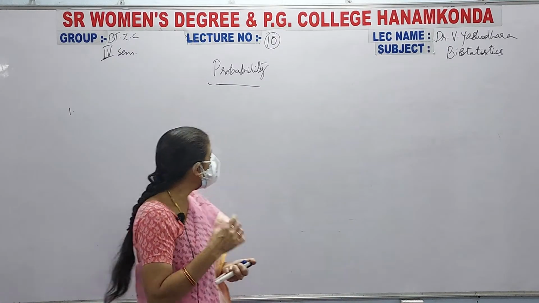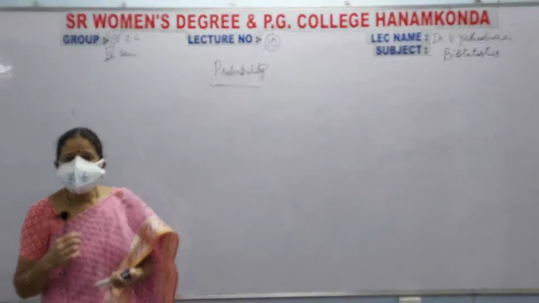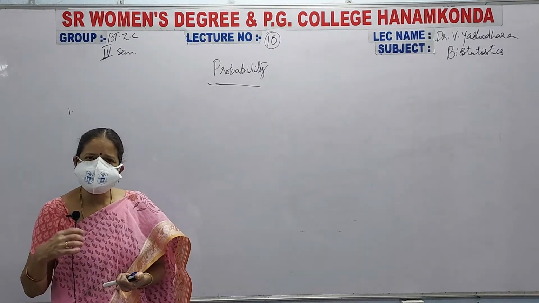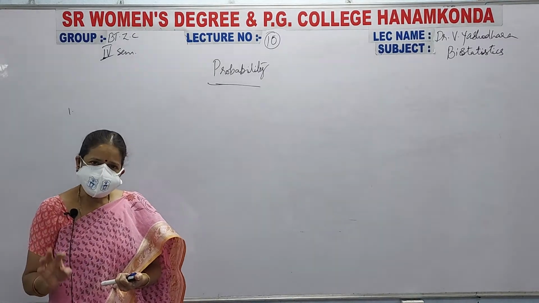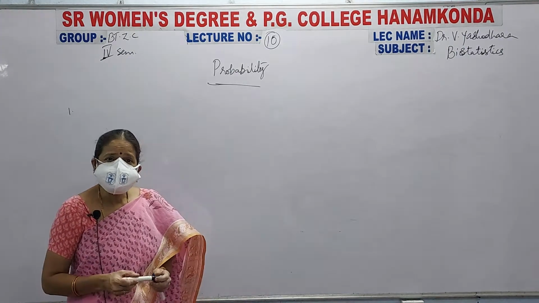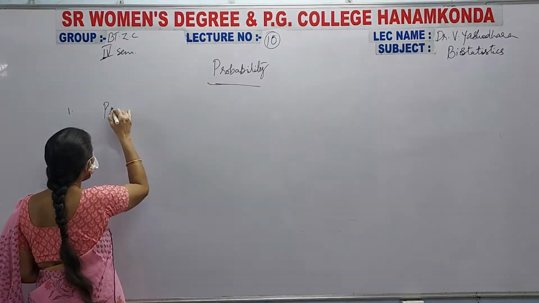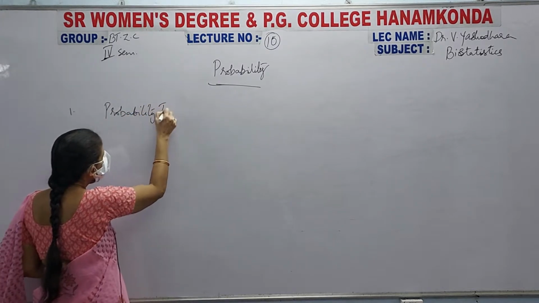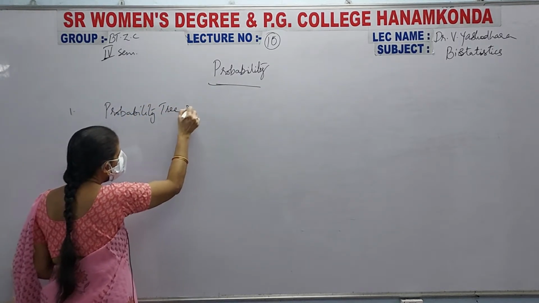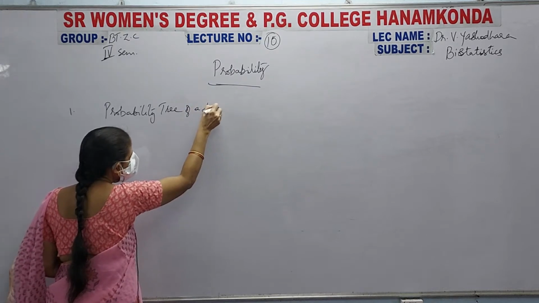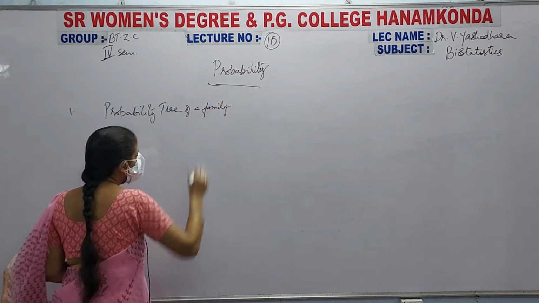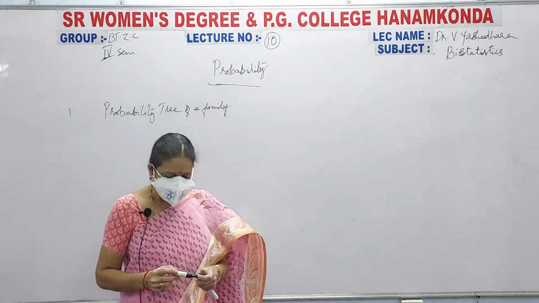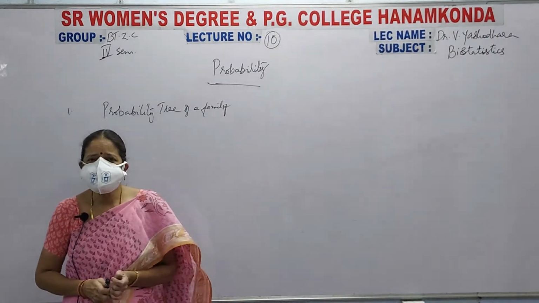But based on probability, you can find out more than one generation of a family, and you can draw a probability tree of a family with the help of probability.